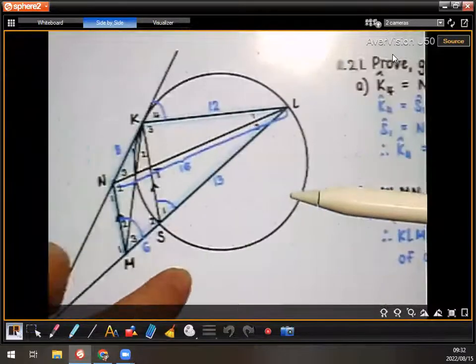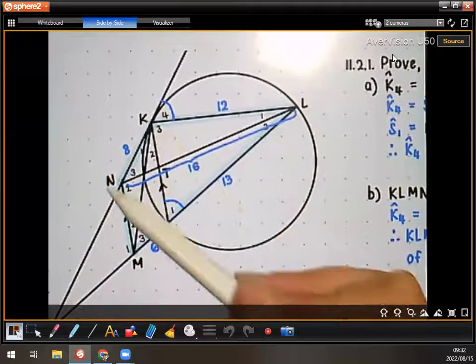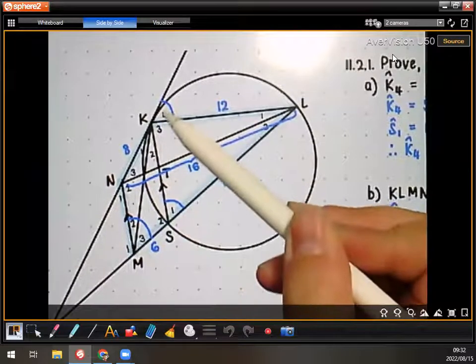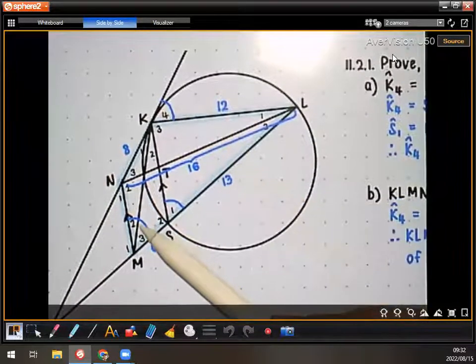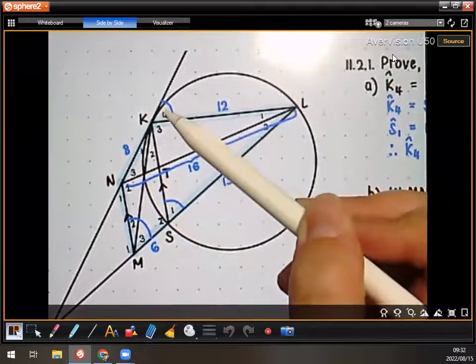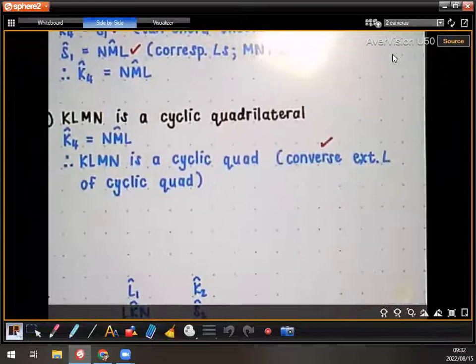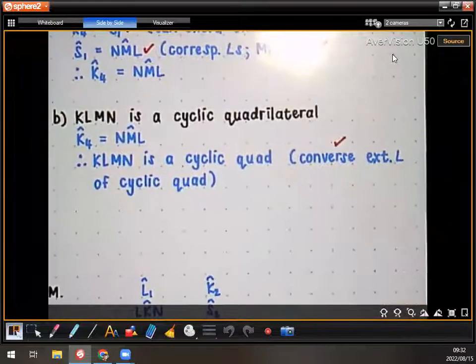That means that we're looking at this shape that I highlighted, K L M over there. Now K4, we just proved that that is equal to NML in the previous question. So K4 is an exterior angle of the cyclic quad, and NML is the opposite interior angle. So you would have to say converse again for that one.